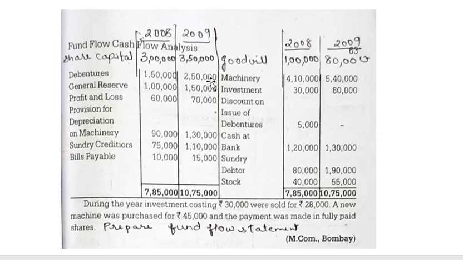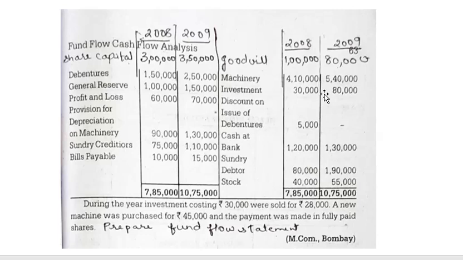Next we will go for the machinery account. Now for any asset, you have to check first in the adjustments whether there is any adjustment. If there is no adjustment, then you have to check whether the value of the machinery is increasing or decreasing. Here in this problem, 4,10,000 to 5,40,000, there is an increase. If there is an increase, it means there is a purchase.